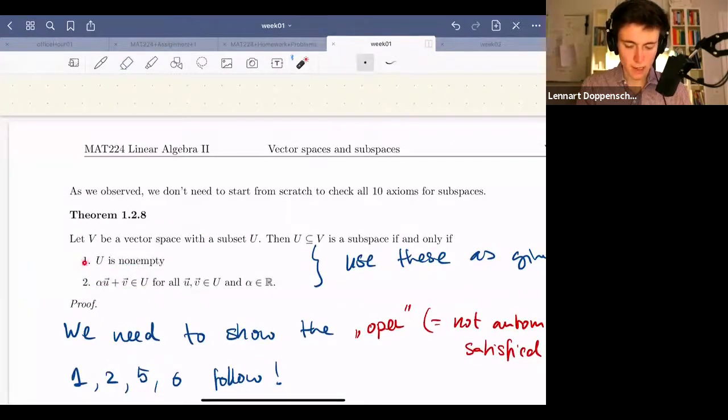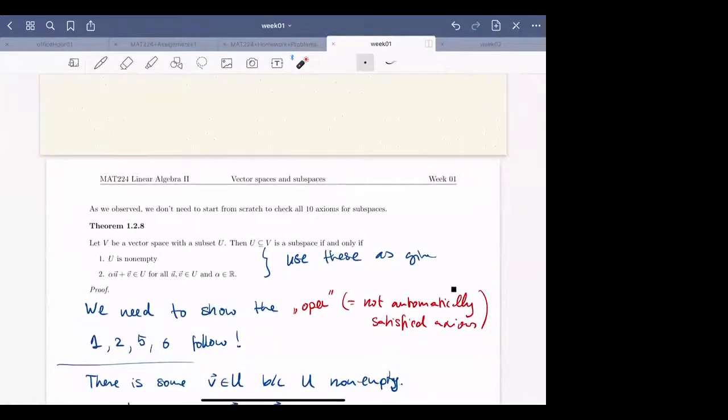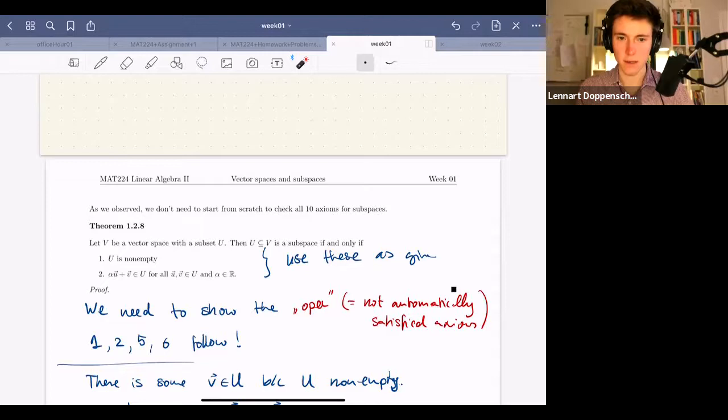So in the end, this is the only thing you need to do. We've gone from 10 axioms to 4 axioms for subspaces, not all vector spaces, and then just 2 different facts we need to check. Oh, so this is the one that I need to check if we want to say something in the subspace. Yes, precisely. Okay, thank you.